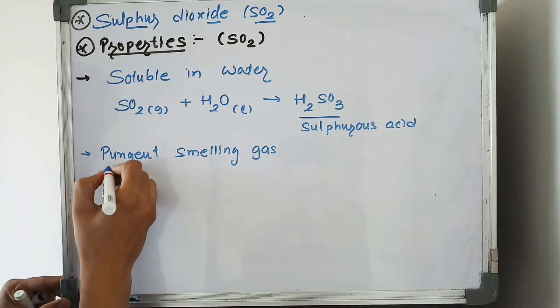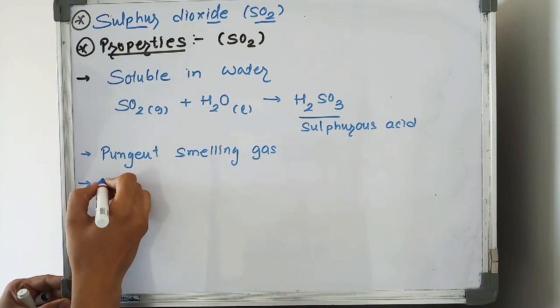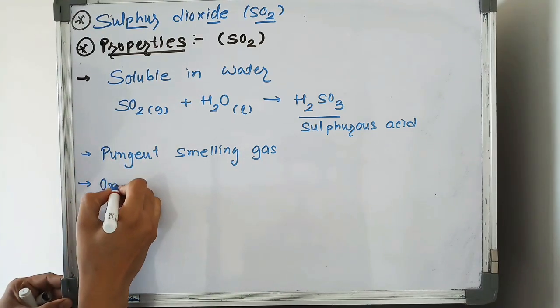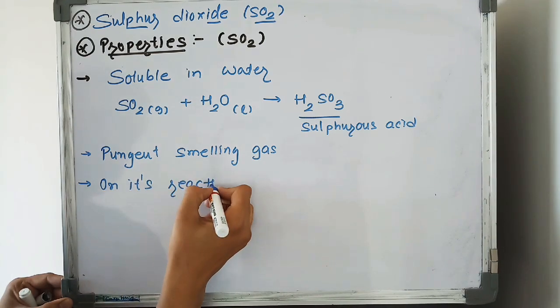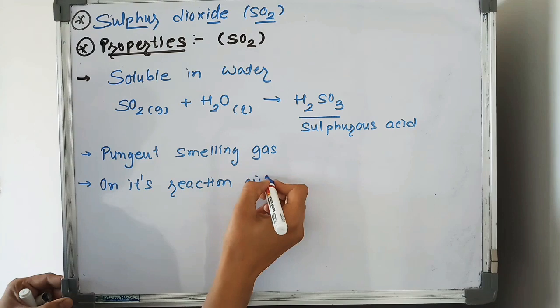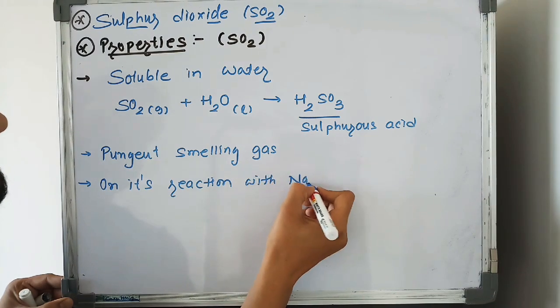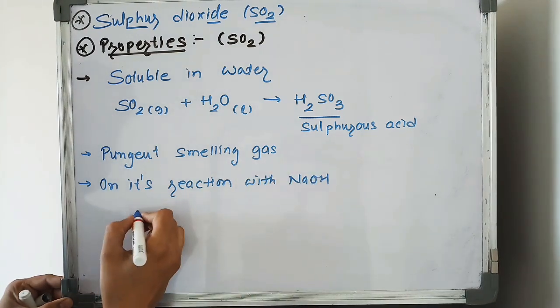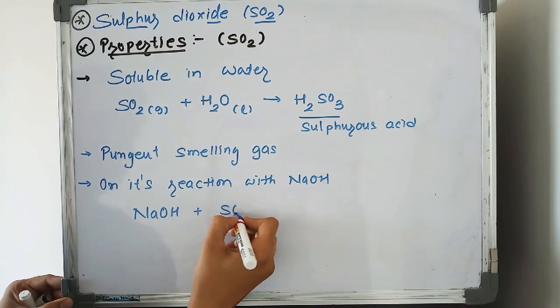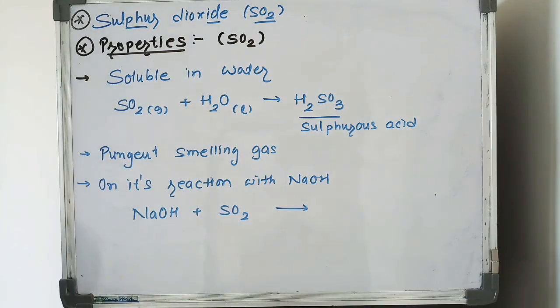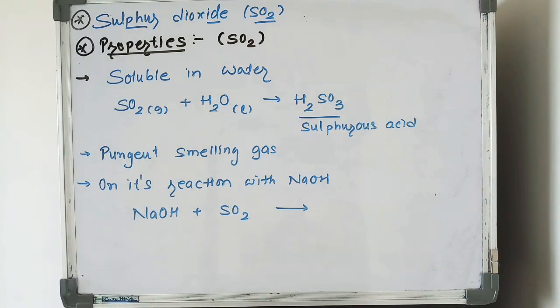It can also react with NaOH. NaOH is called sodium hydroxide, also known as caustic soda.